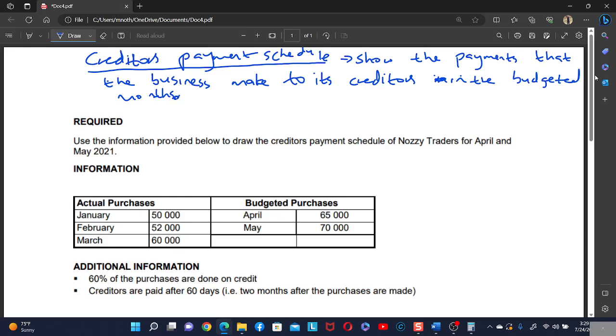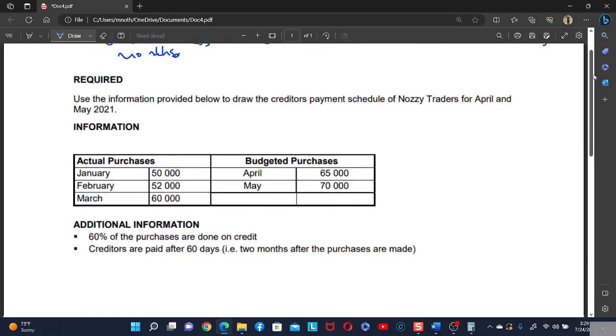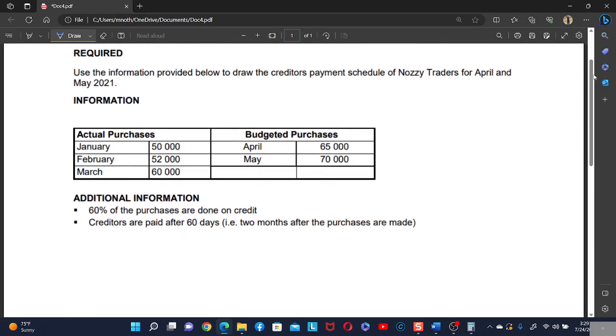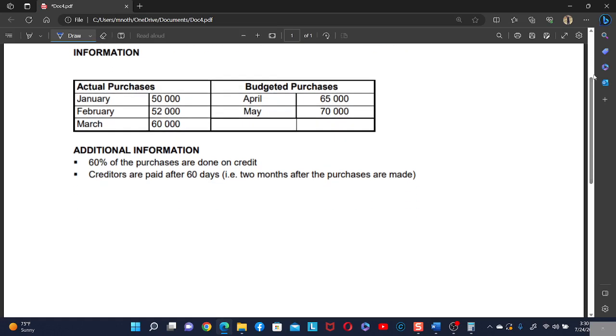Now let's come and look at it. Required: use the information provided below to draw the creditors payment schedule of Nosy Traders for April and May. So we are told that we are doing for April and May.